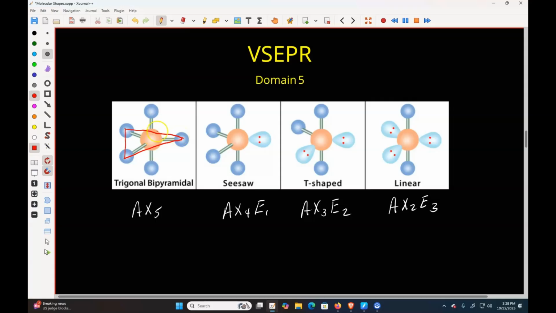So everything within this triangle here will be 120 degrees. These will be 90 degrees. So I have a combination of 120s along the central plane, and then the one above the plane and below the plane will be 90 degrees.